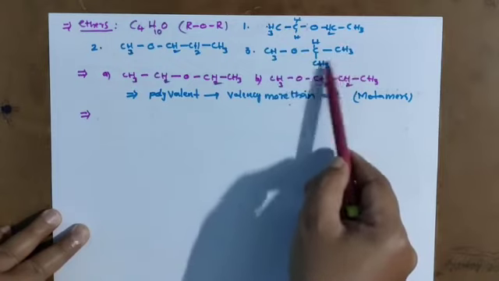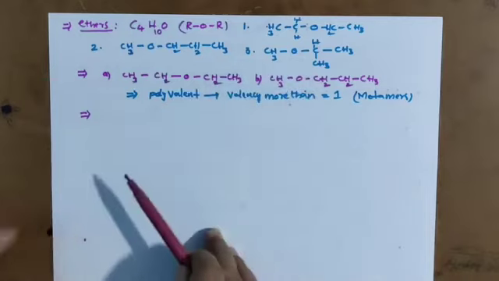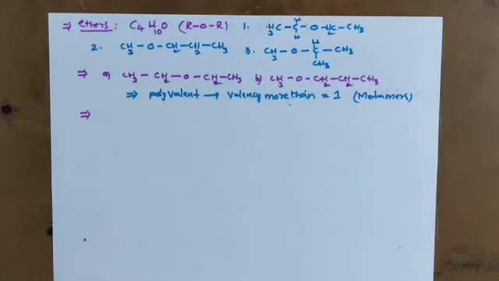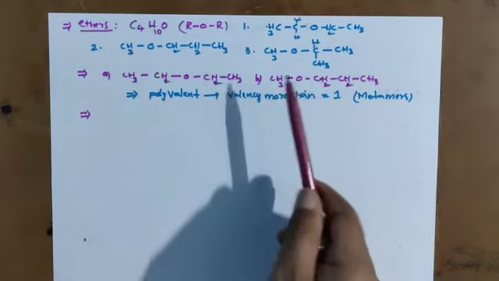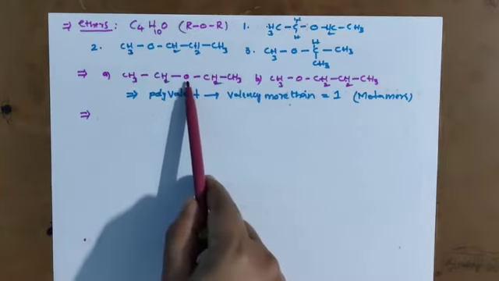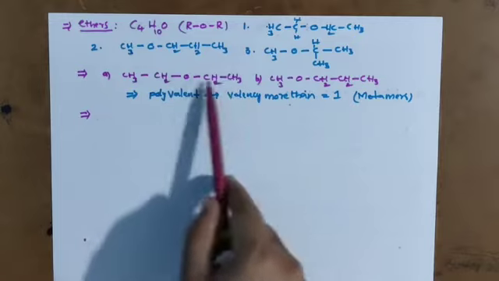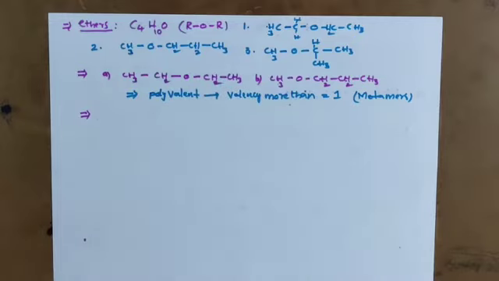This is not the same. So compounds having the same molecular formula and same functional group, but with different alkyl groups on either side of the polyvalent atom, we call metamers. So that is how we learn metamerism.